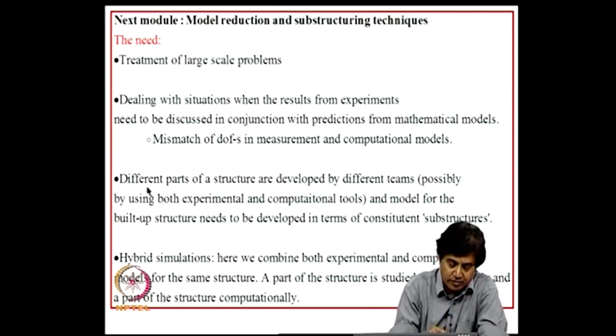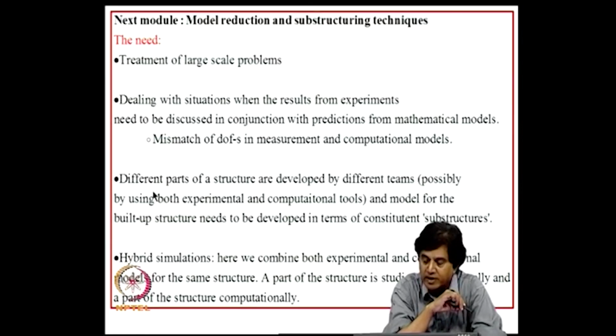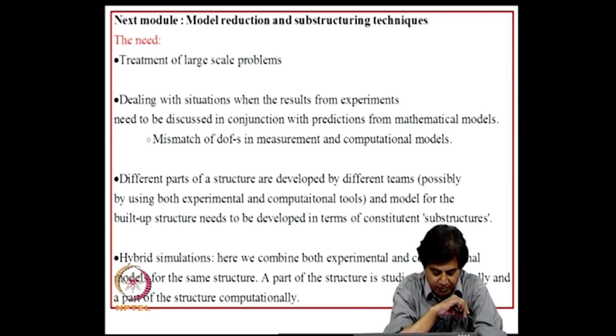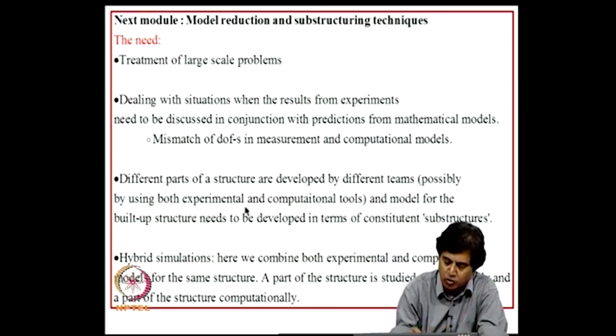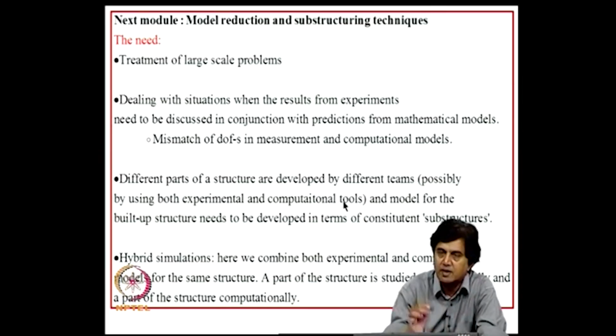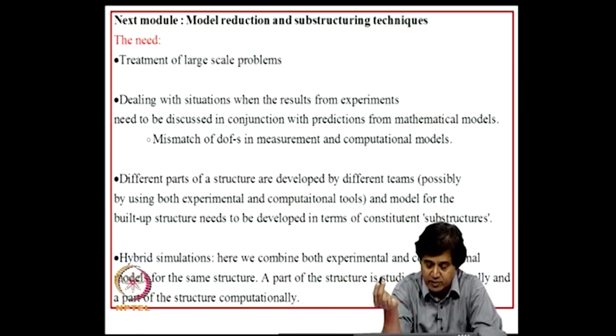Or the other situation is different parts of a structure could be developed by different teams, possibly working independently and possibly by using both experimental and computational tools. For example, this type of issues can arise in dealing with automotive systems or space vehicles, where different parts of the structure can be designed and developed by different teams.